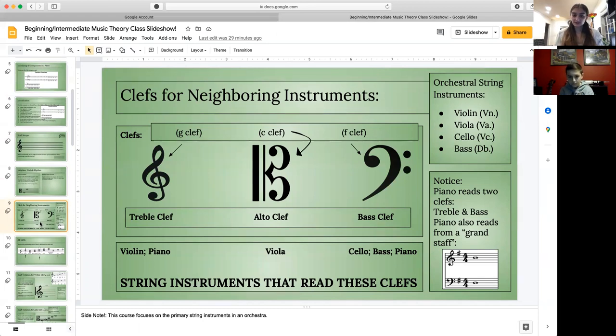Completely off that subject, we were talking about clefs. I mentioned the grand staff, so that was the extra note here. We talked about our string orchestra instruments: violin, viola, cello, bass. And one extra thing, if you happen to get a gig being a music librarian and you need to abbreviate, your abbreviations will be VN, VA, VC, and DB.